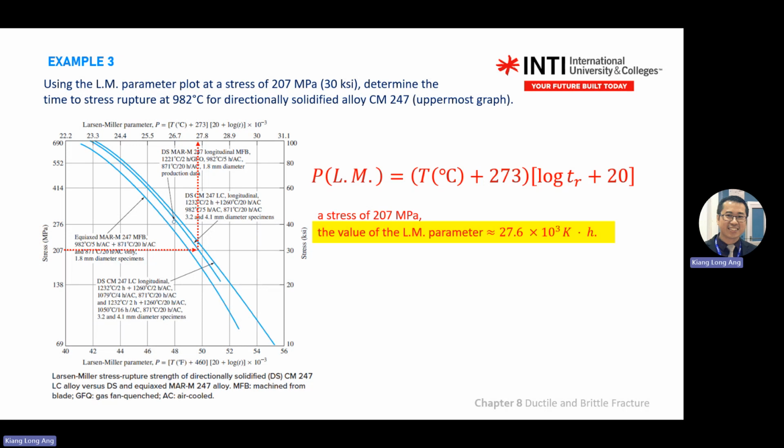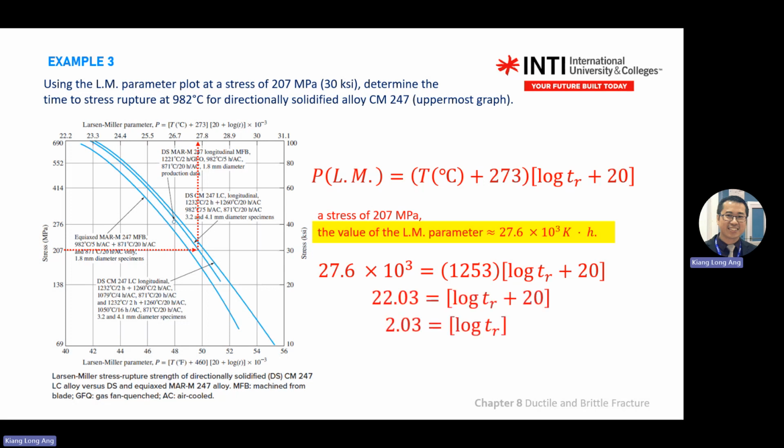This is time in the unit of hour. So the unit is Kelvin hour. You rearrange the equation, you'll get your t_R equal to something. The difficult part is you might already forget how to reverse the log. Okay, so normally it is log base 10.